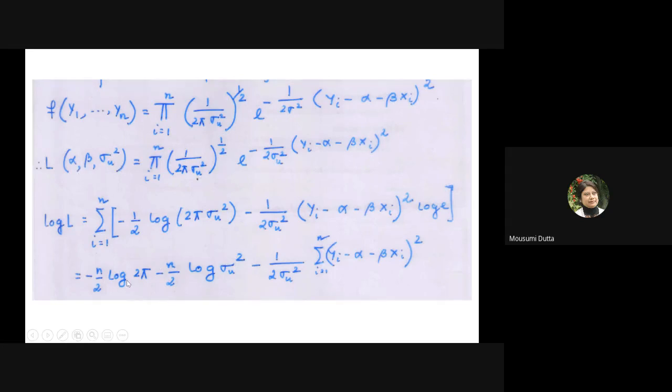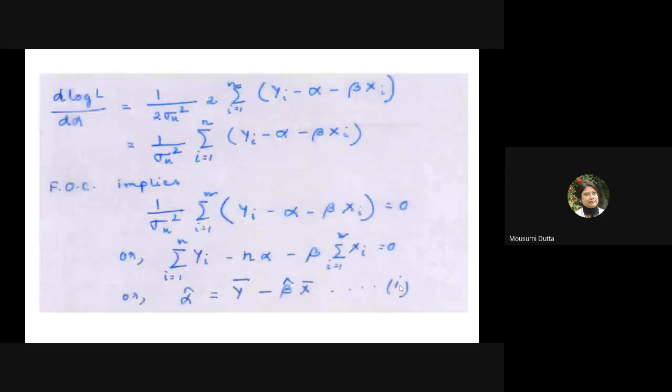So I'm keeping the 2 pi part separate so that my work becomes easier. From this term I'm getting two terms, and from this term, minus 1 by 2 sigma square, sum of yi minus alpha minus beta xi whole square. So when I take the logarithmic transformation, it reduces to this.